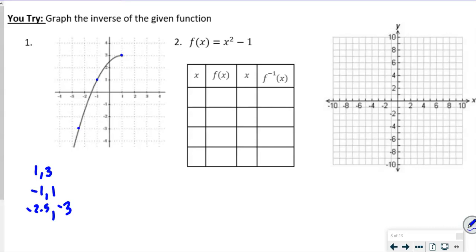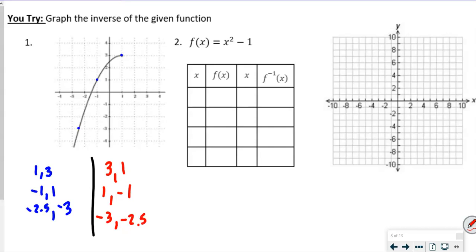Okay, so what we want to do now is go ahead and plot that, or actually do that. We're going to do the inverse of that, okay? So I'm going to actually flip that. So this is now going to be (3, 1), (1, -1), and (-3, -2.5).